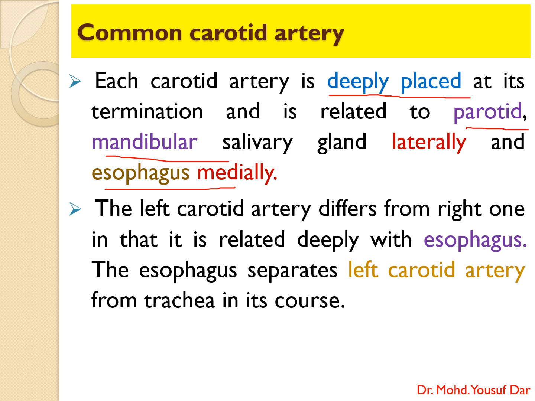There is a difference between the right and the left common carotid arteries. The left common carotid artery is deeply related with the esophagus, that means the esophagus separates the left carotid artery from the trachea in its course, while the right carotid artery is not related with the esophagus.